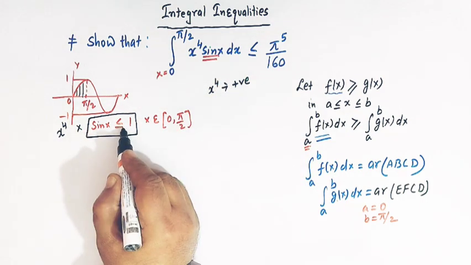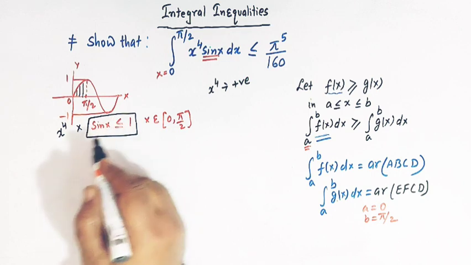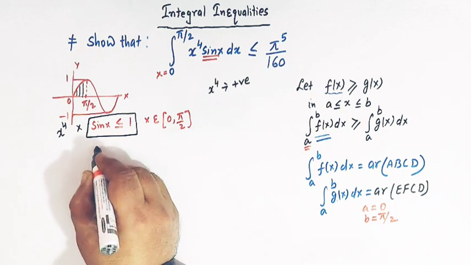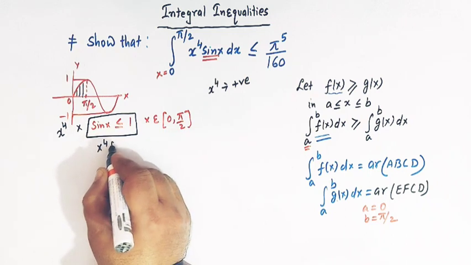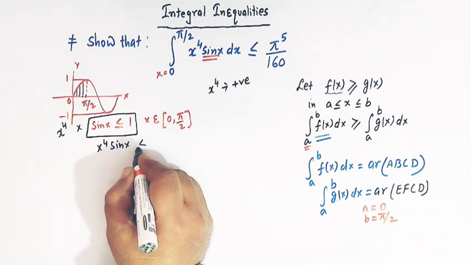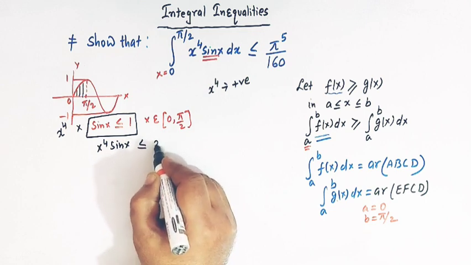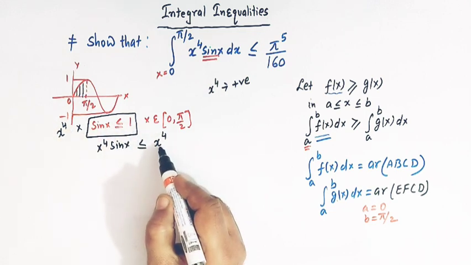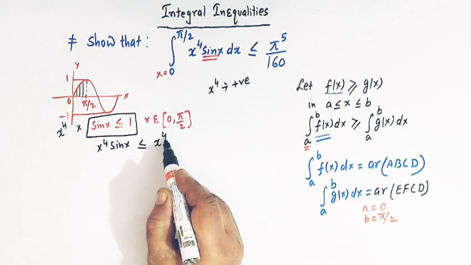So the direction of the inequality doesn't change, and we can simply multiply both sides by x raised to 4. So what we will get, x raised to 4 sine x is less than or equal to x raised to 4, because x raised to 4 times 1 is x raised to 4, right?